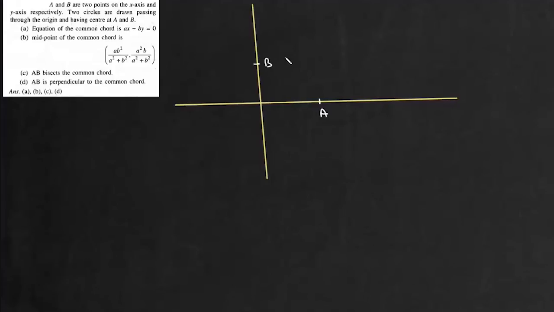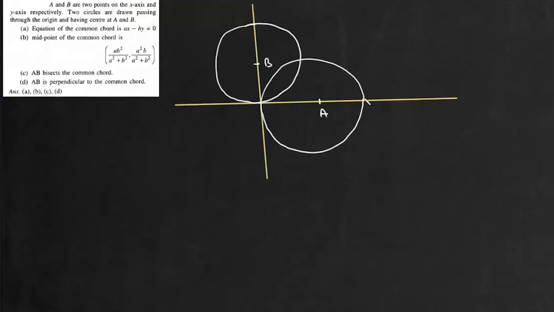Now two circles are drawn passing through the origin having centers at A and B. So we have drawn two circles passing through the origin. Now they have given the answers in terms of a and b. I think they forgot to mention that this point A is at (a, 0) and this point B is at (0, b). Now here this is B and this is A.